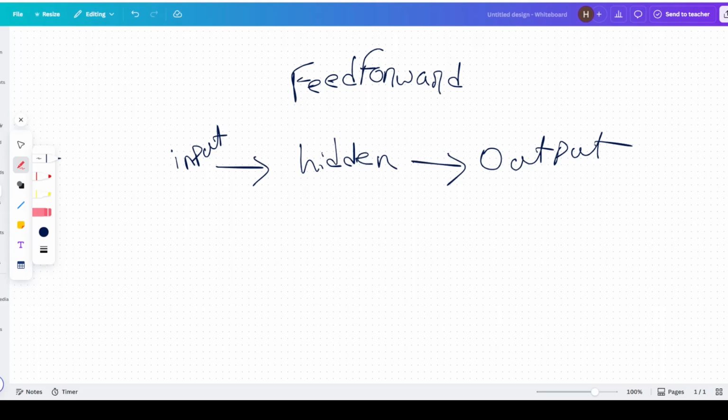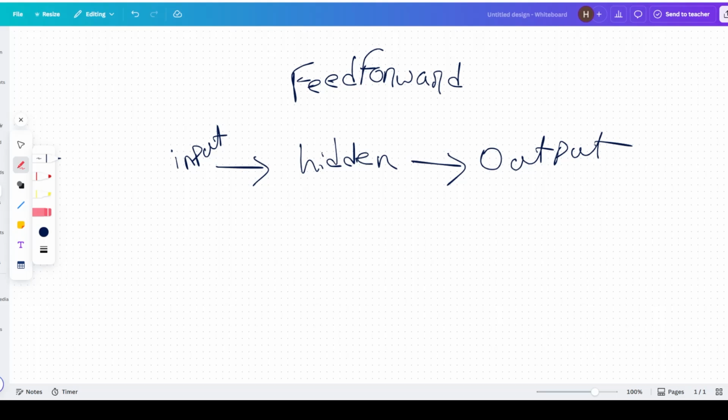If we look at the key definitions for the feed forward network, it is where the information flows in one direction.